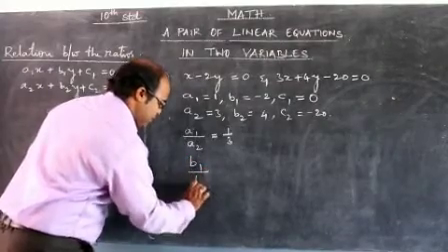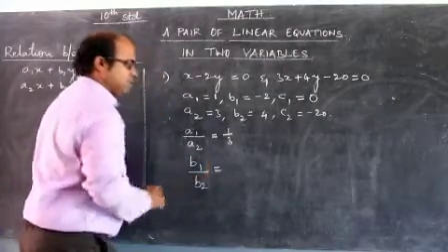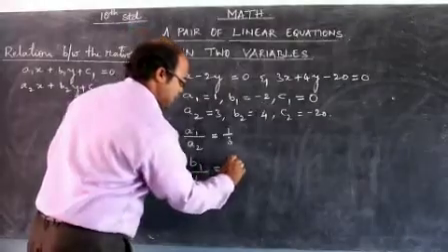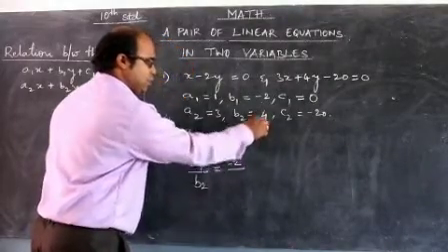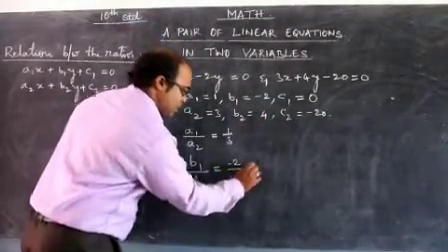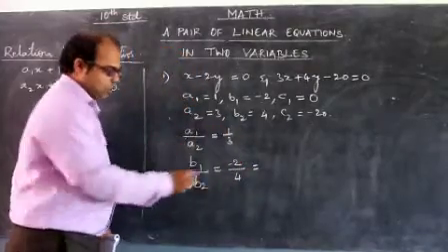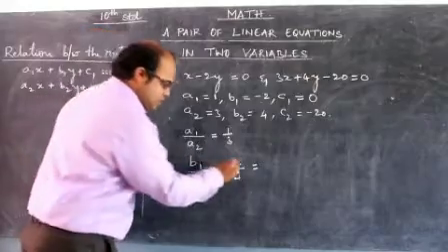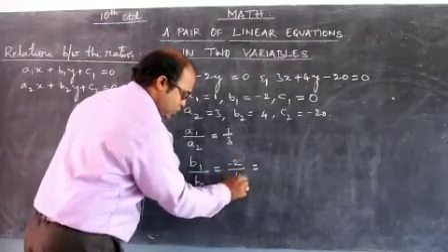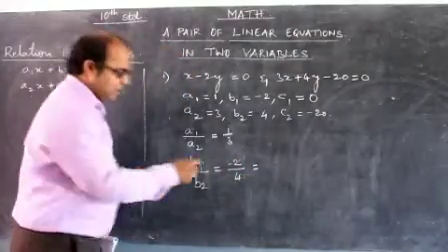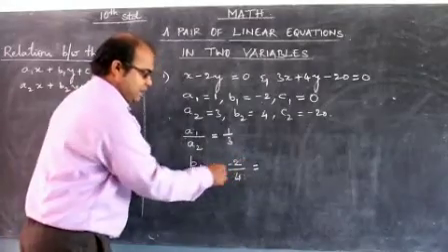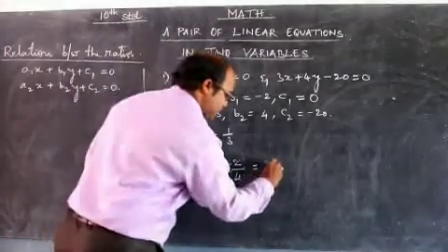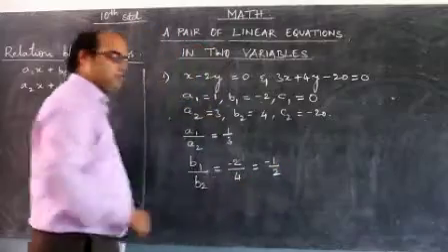So b1 value is minus 2 divided by b2 value is 4. Here I can simplify. 2 1s are 2, 2 2s are 4. So what is remaining? Minus 1 divided by 2. So that is the fraction remaining, minus 1 by 2.